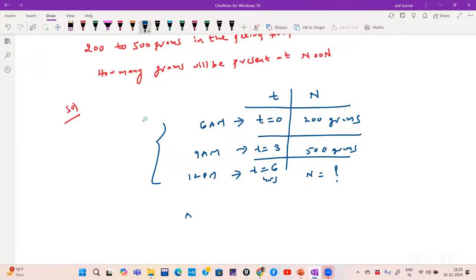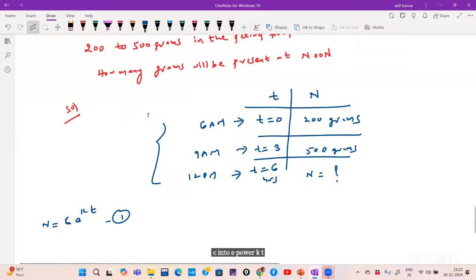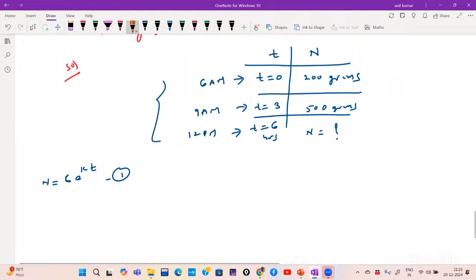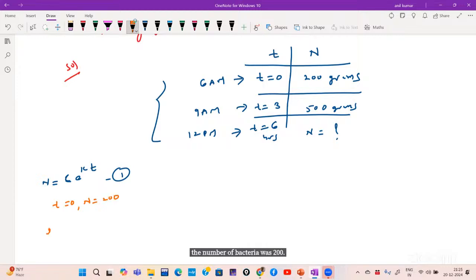So once again, I use the formula N equal to C into e power kt. Yes, we know that initially the number of bacteria was 200. 200 equal to, I'm substituting time 0 in equation 1.